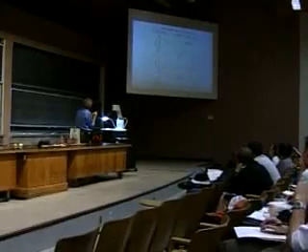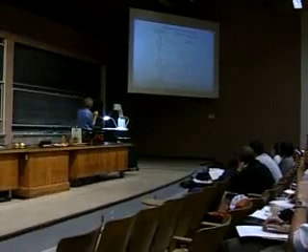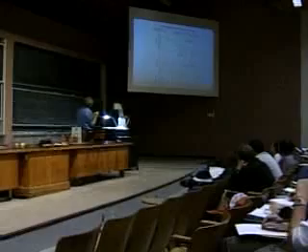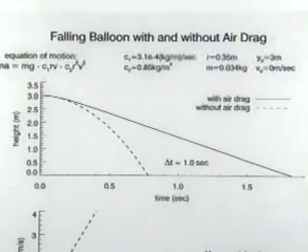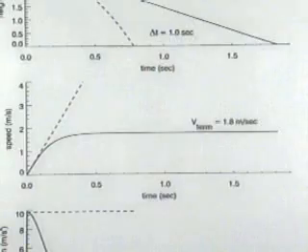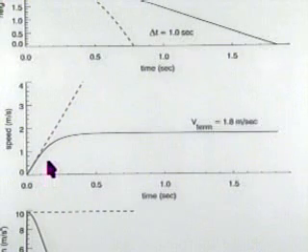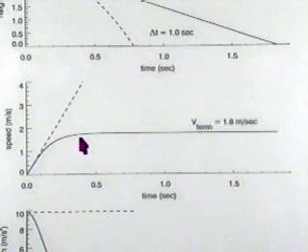If there were no air drag, remember we dropped an apple early on from 3 meters, it will hit the floor at about 780 milliseconds. However, with the air drag, it will be about 1 second later, more like 1.8 seconds. So the 1.7 wasn't bad, as you see, but if you look here at how the speed builds up as a function of time, you see it takes about 3/4 of a second to build up to that terminal speed, which is the 1.8 meters per second that you have there.